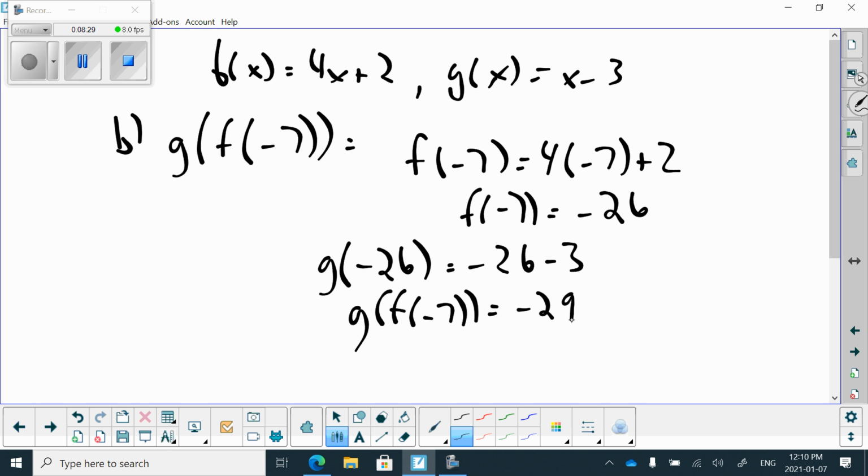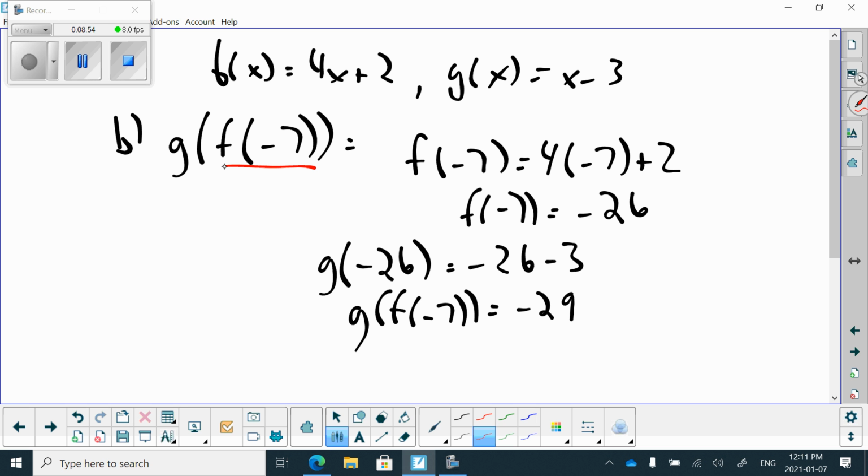Oh, okay. Where does negative 7 come from? That's the question. I gave it to you. So g of f of negative 7 is the question. Still using the same equations I used in the other one. We start on the inside. So we start at f of negative 7. Put that into our f equation. Figure it out, whatever it tells us, which is negative 26.